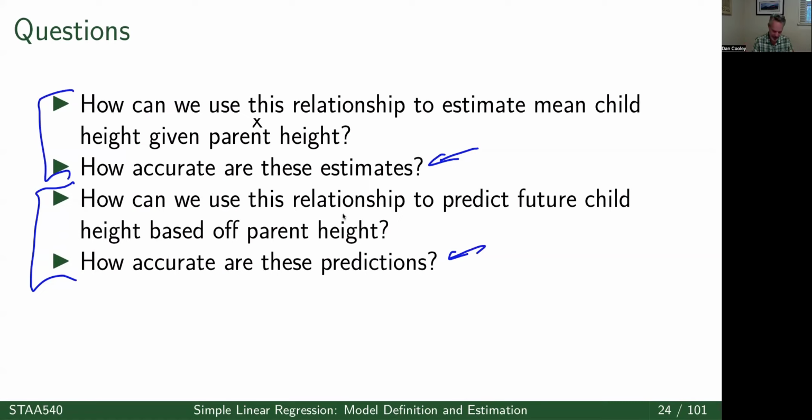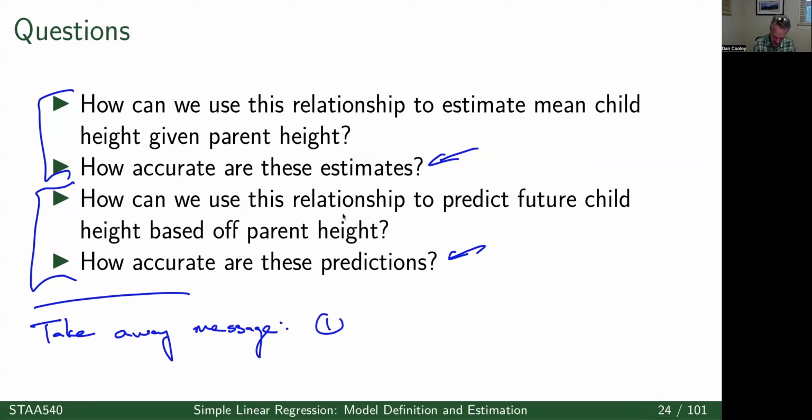And really, I think the takeaway message for EDA, and so let me try and write this as best I can here. So the takeaway message is, I think of EDA really for two purposes. You can do exploratory data analysis, really thinking about the exploratory part, and that's trying to get an initial understanding of the data.